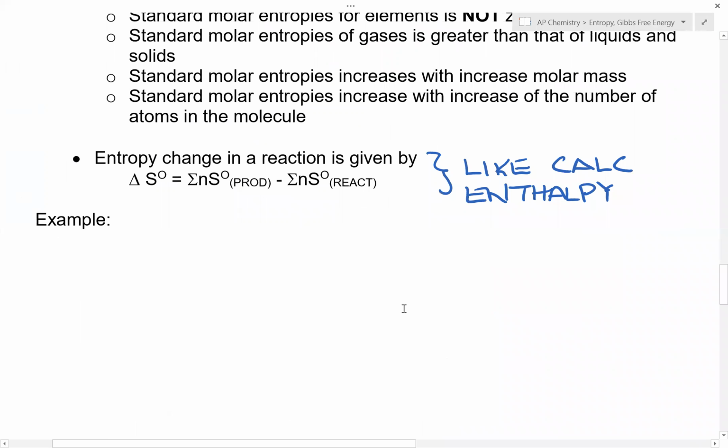So what we're going to do is question number 45A in your Zumdahl text. If you take a look at question 45A on page 825, it says predict the sign of delta S, then calculate delta S for each of the following reactions.